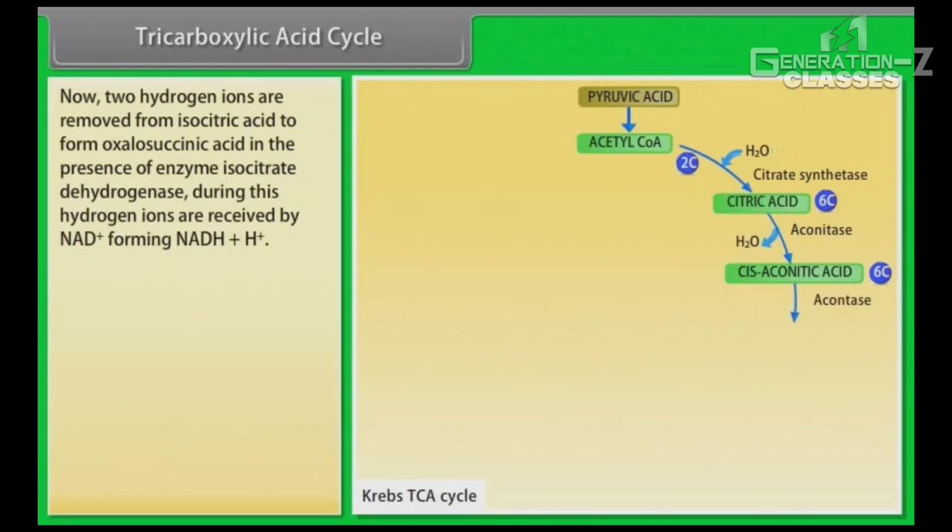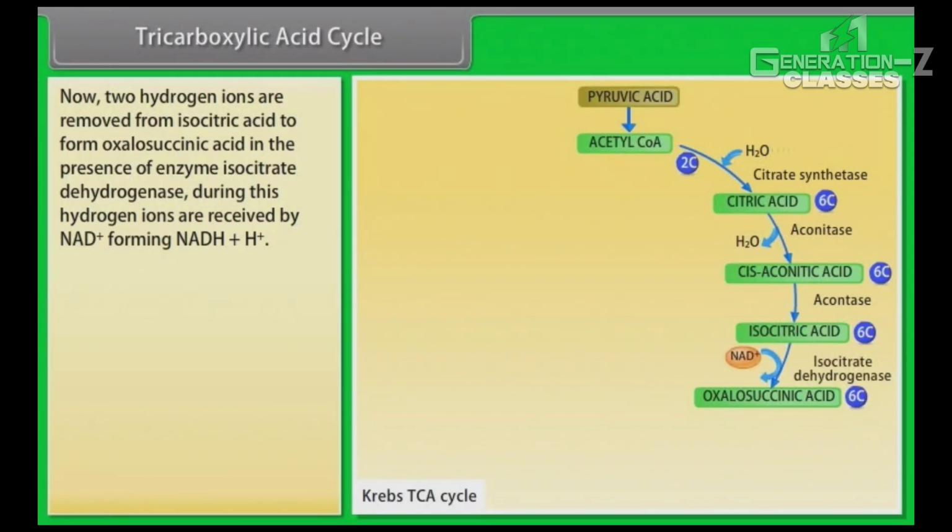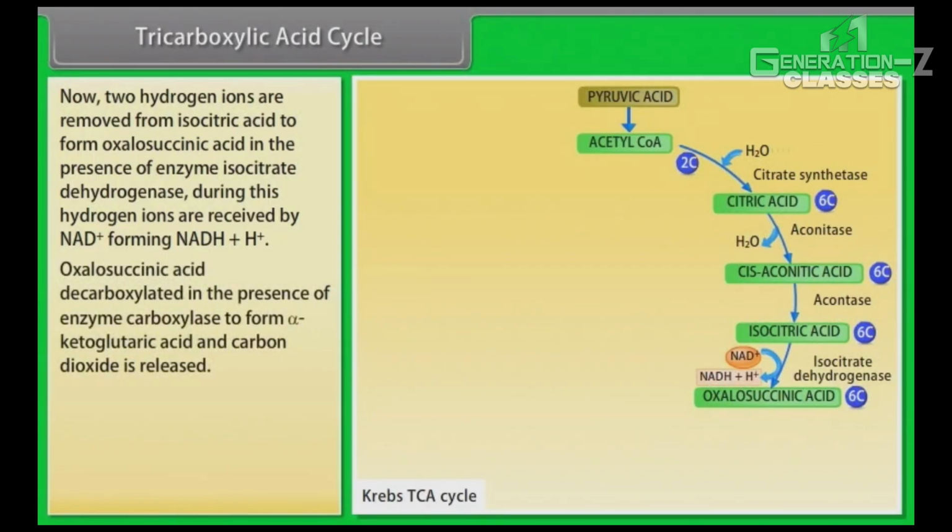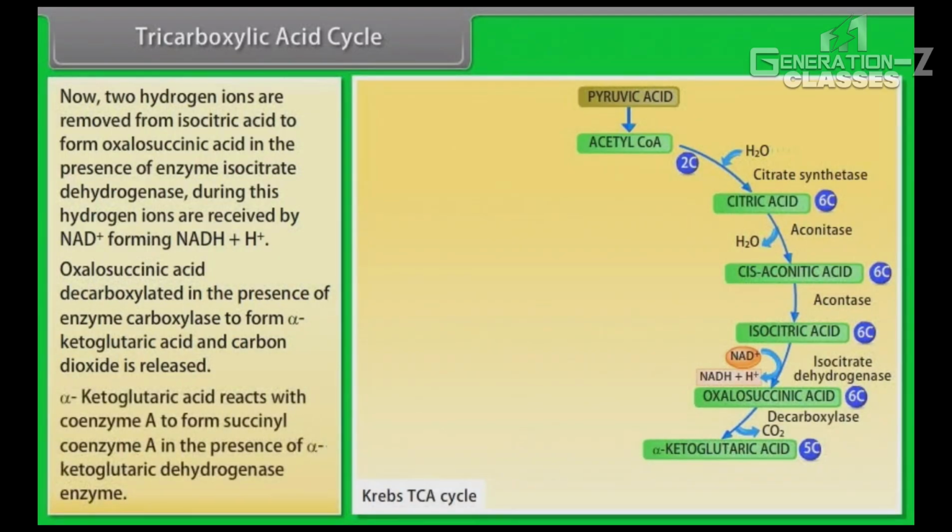Now, two hydrogen ions are removed from isocitric acid to form oxalosuccinic acid in the presence of enzyme isocitrate dehydrogenase. During this, hydrogen ions are received by NAD+, forming NADH+, H+. Oxalosuccinic acid is decarboxylated in the presence of enzyme carboxylase to form alpha-ketoglutaric acid, and carbon dioxide is released.